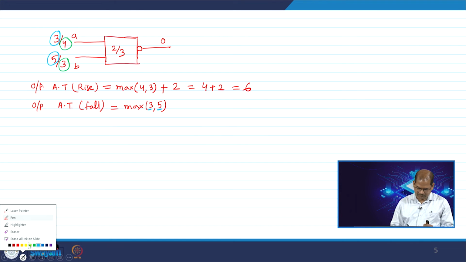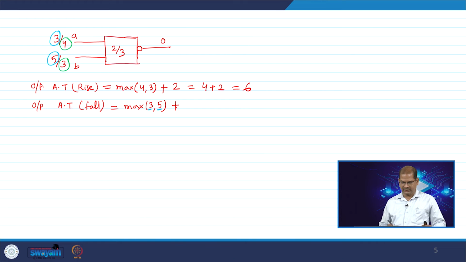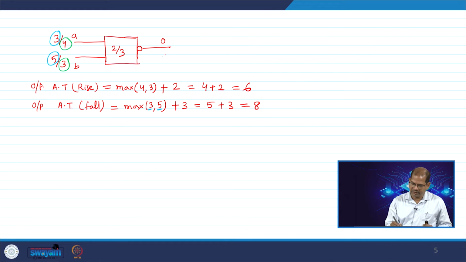Now, I have to add the fall delay. Fall delay is 3 here. So, this is 5 plus 3 is 8. So, your output arrival time will be 6 by 8. This is an example of an inverting type of gates.